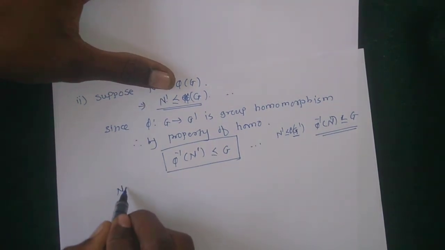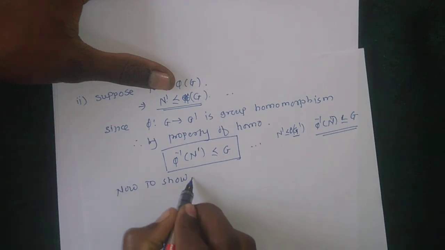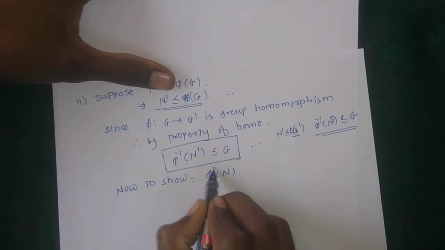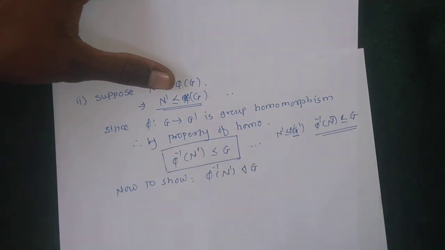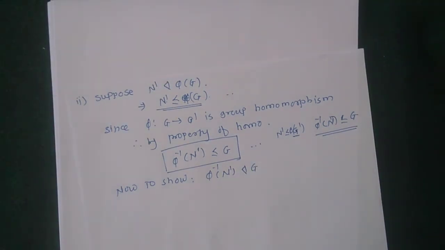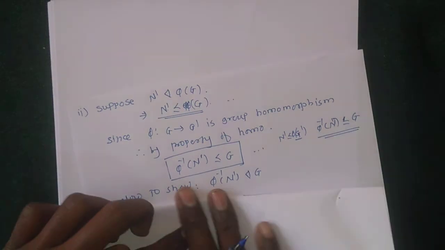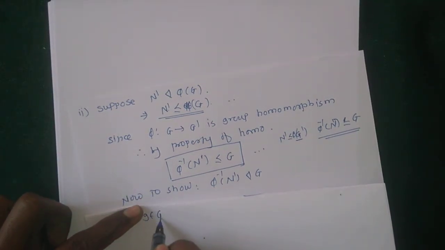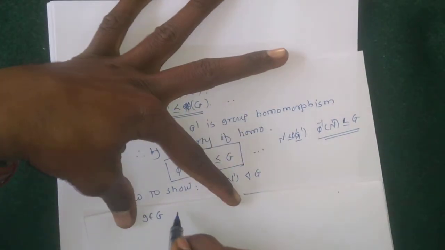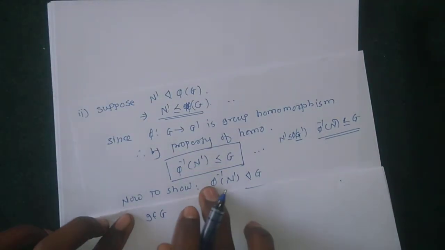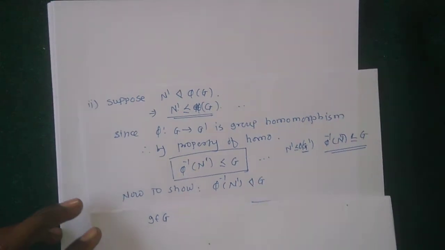Now to show phi inverse of N dash is a normal subgroup of G. How to show it? Choose any element from G, suppose g belongs to G, for all g in G, and choose any element from phi inverse of N dash.